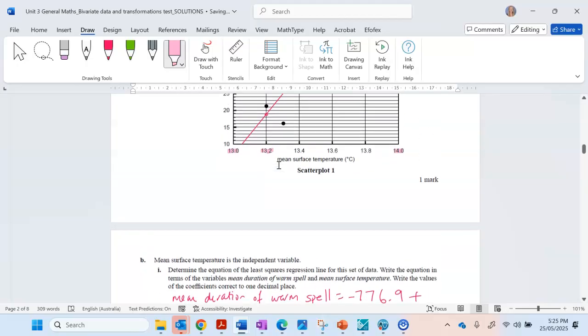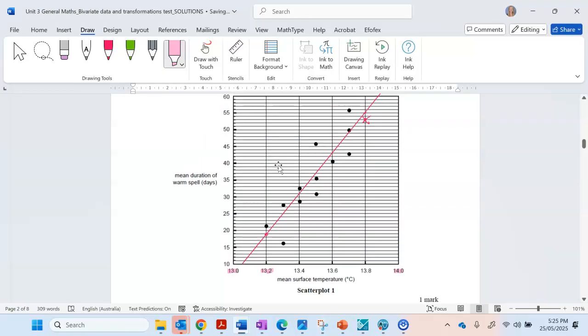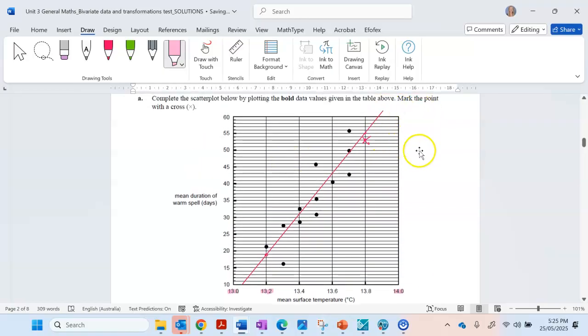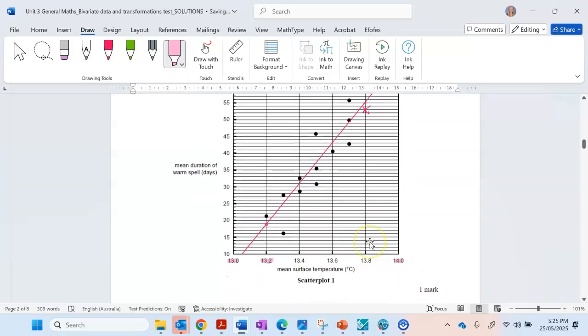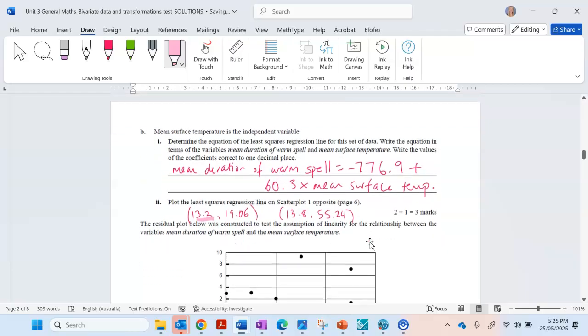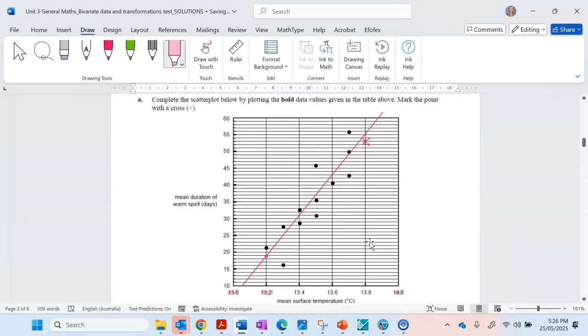If I was to substitute in 14, I'm also off the graph up here. So this one was definitely not done well by the class, but also by the state when they did this exam. So you just go and substitute in 13.8. And what was that corresponding? 55.24. So you can see I've got a little dot there. When I was checking your answers, most of you put it through this point that you added in.